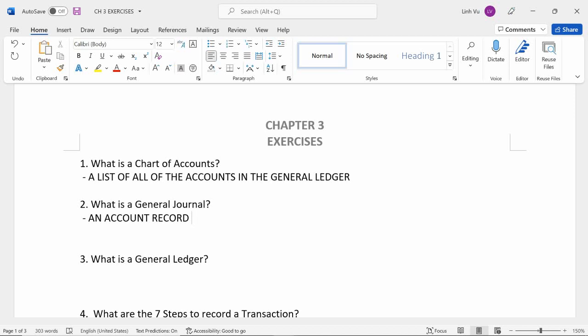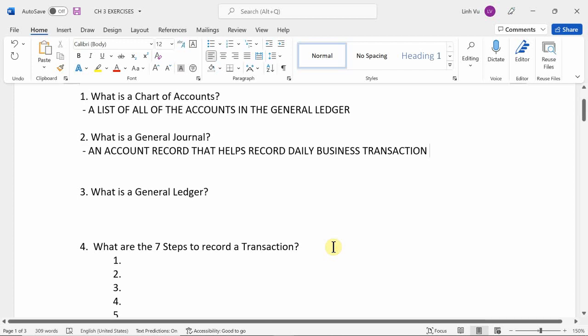It helps record daily business transactions. Yes, you want to do it as a journal to keep track of every single transaction. It's a diary. Exactly. It's a business diary. Good. Okay. What is the general ledger?